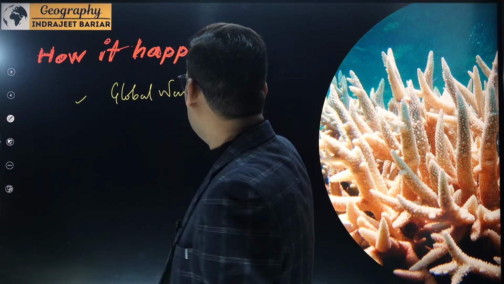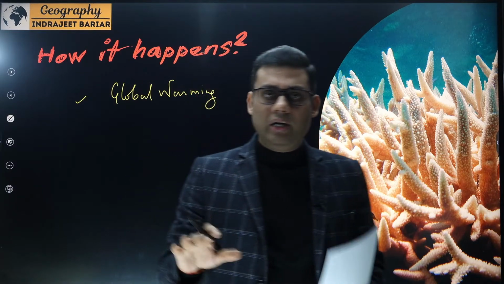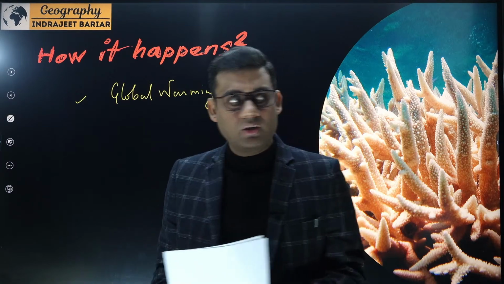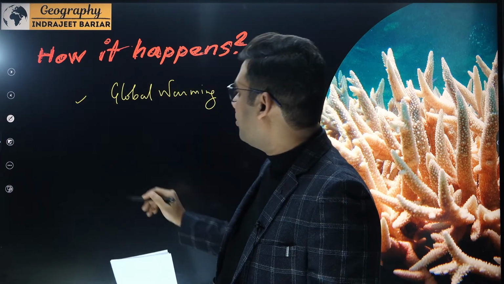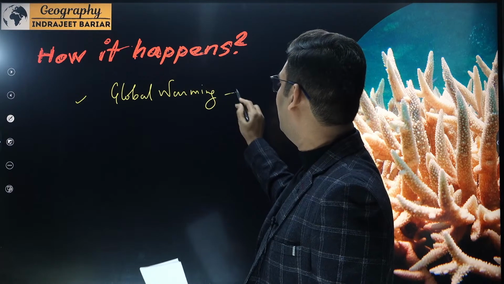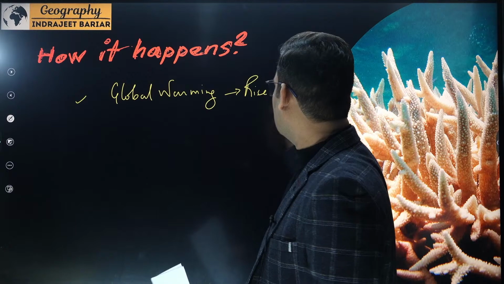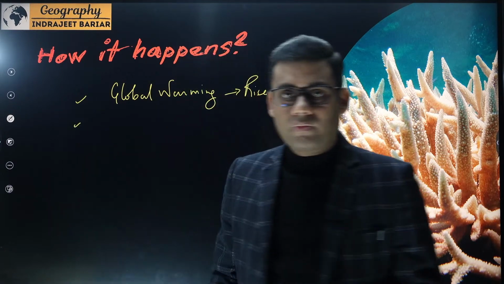Global warming is going to result in a rise in the sea level, and corals can survive only up to a depth of 80 meters, because that is up to where the sunlight is going to penetrate. So a rise in sea level can impact the corals.